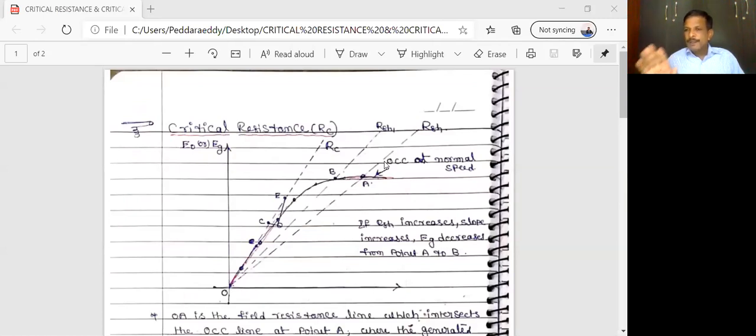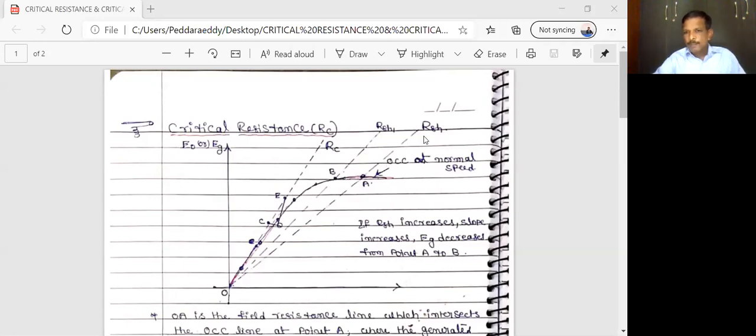Okay, and now when we increase the field resistance with the help of the field rheostat, what happens? When we increase the field resistance, the slope increases.